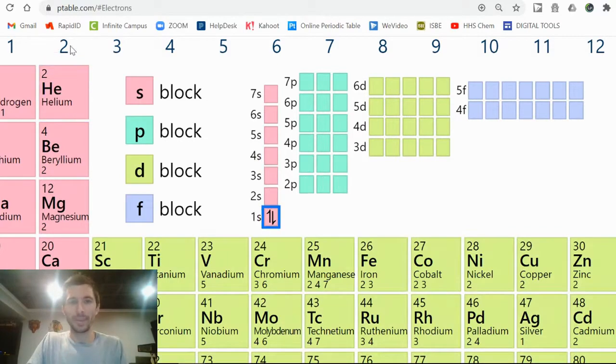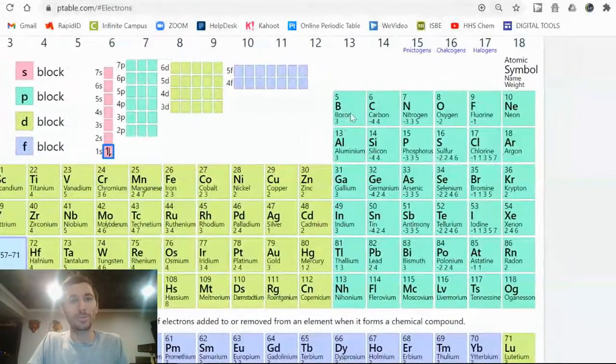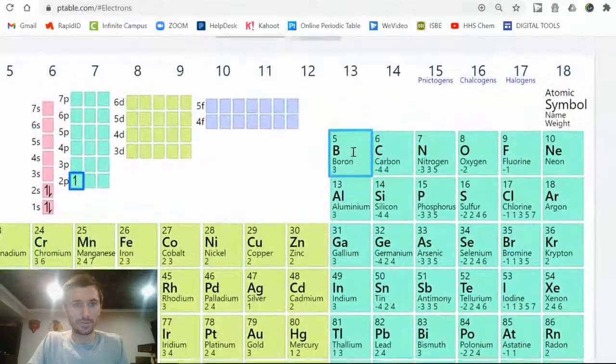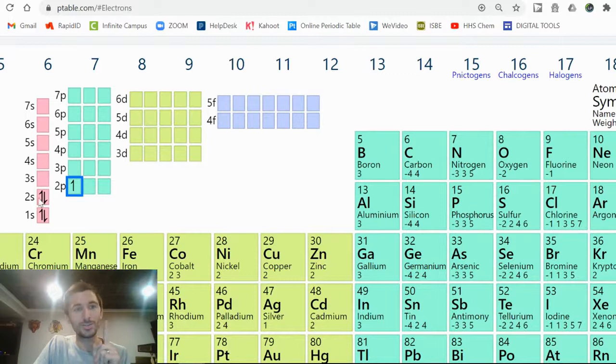Interesting. And we keep going to the right, and you'll see that the S's aren't there anymore, but check out the 2p for boron. So 2p for boron, there's 1 electron, but 2s has 2. So the 2nd energy level has 3 electrons in it. Check aluminum. The 3rd energy level has 3 electrons.